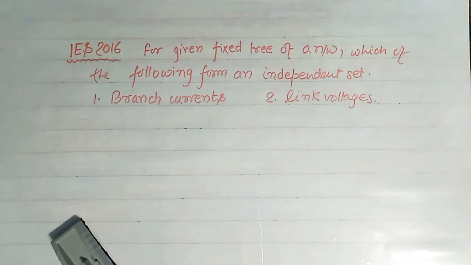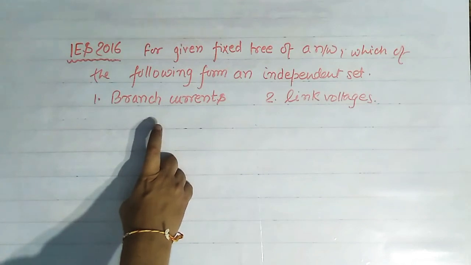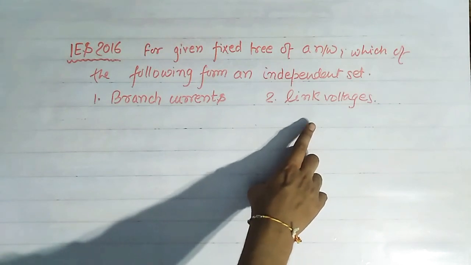Now see this question that has been asked in ES 2016. Here it says that for a given fixed tree of a network, which of the following forms an independent set? To answer this, we must know that branch currents form an independent set of the tie-set matrix and link voltages form an independent set for the cut set matrix.